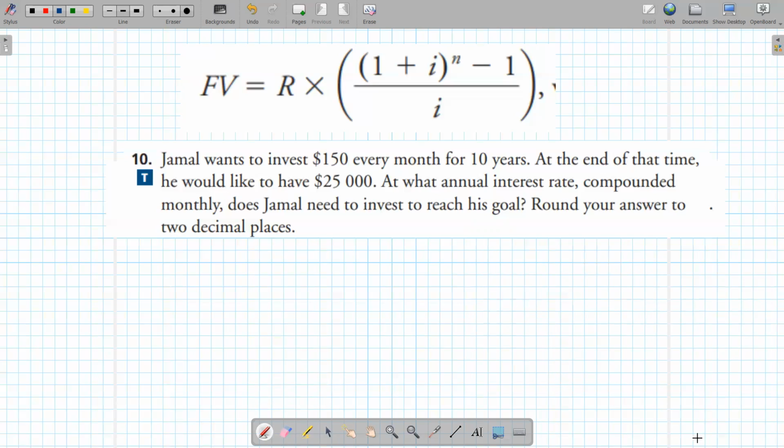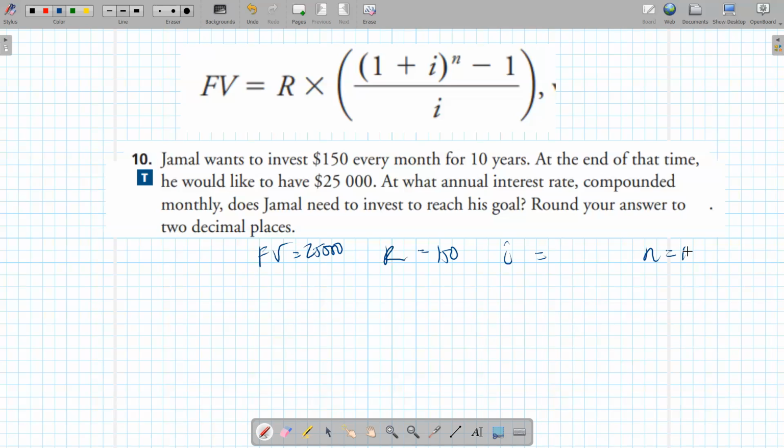All right, let's look at this one. What do we know? The future value is 25,000. And R is 150. N is 10.